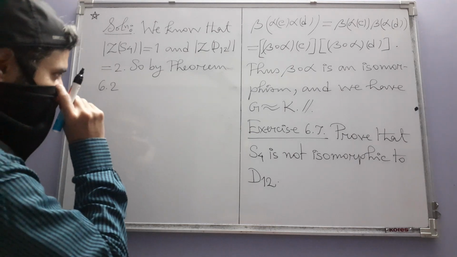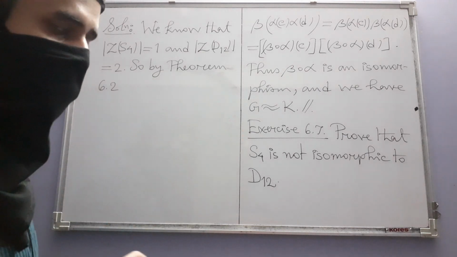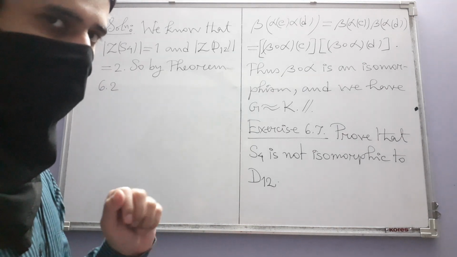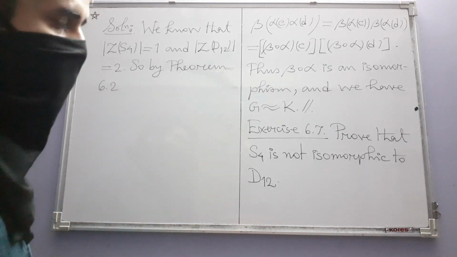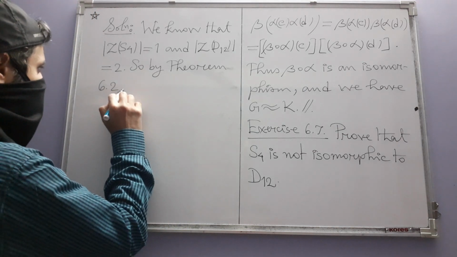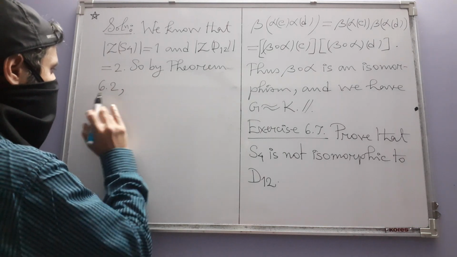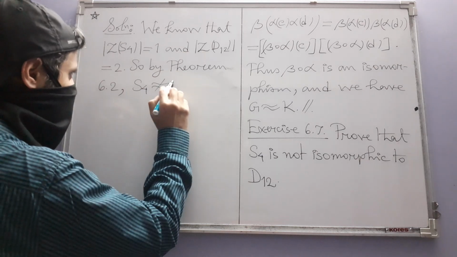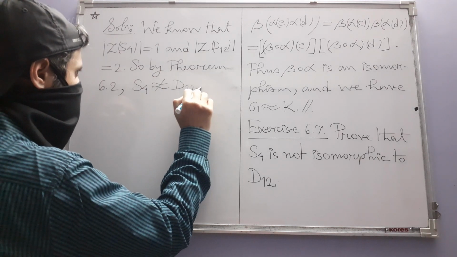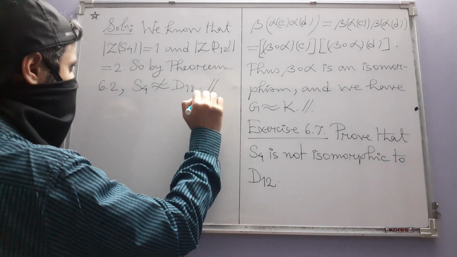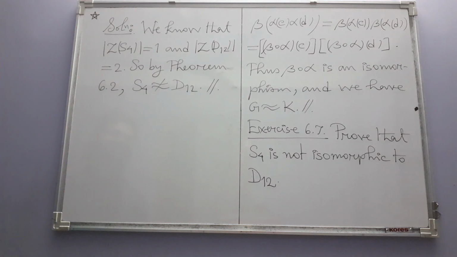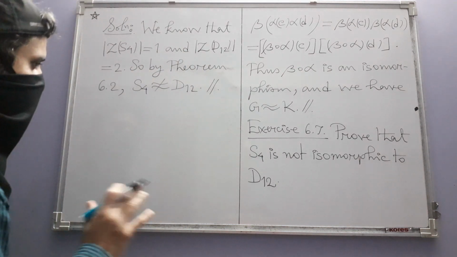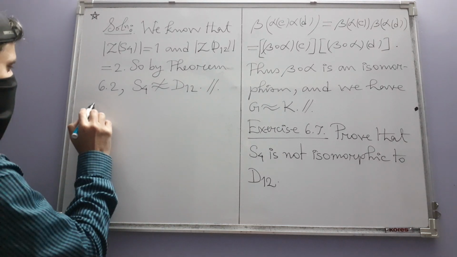In fact, this theorem has some parts, right? You look at the last part, there you have something about centers of isomorphic groups. S4 is not isomorphic to D12. That is the reason. Because they have centers of different sizes, so they cannot possibly be isomorphic.